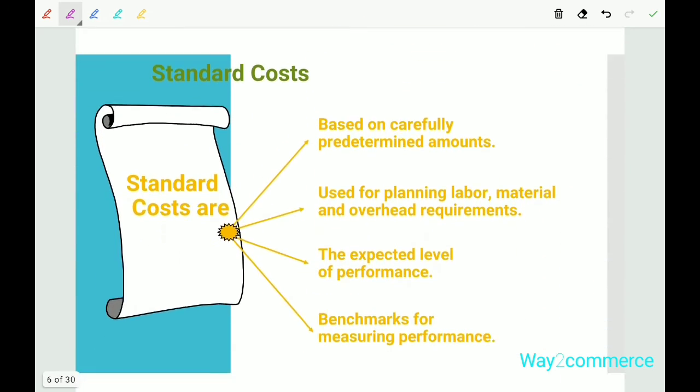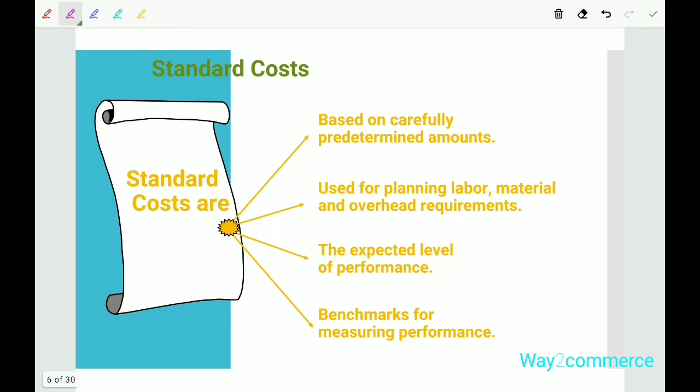Next, standard costs. So standard costs are based on carefully predetermined amounts. So how to estimate standard cost? Based upon predetermined amounts and used for planning labor, material and overhead requirements. We have to plan for material, labor, overhead requirements.